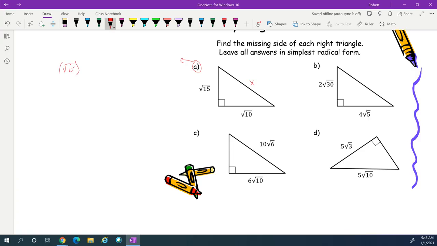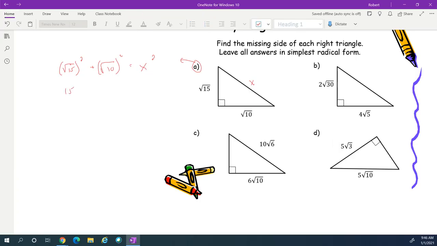Now we're going to remember, it's the leg squared plus the leg squared equals the hypotenuse squared. So make sure that you're using parentheses for your substitution and you're following the order of operations. Square root 15 squared is 15. Square root of 10 squared is 10. And that equals x squared.